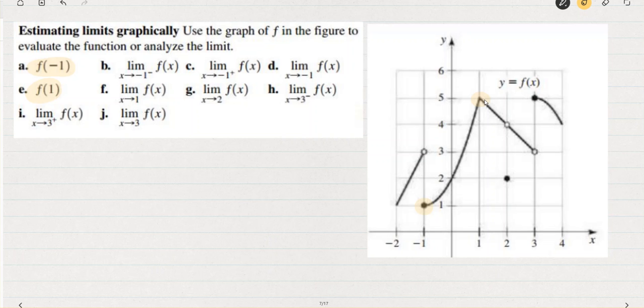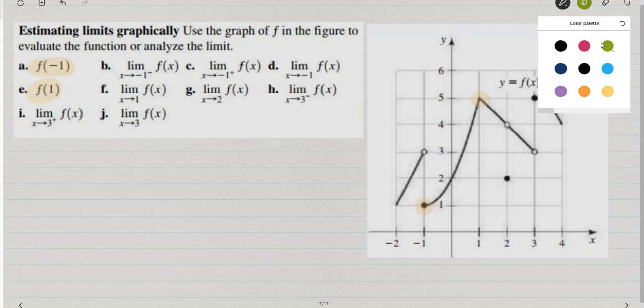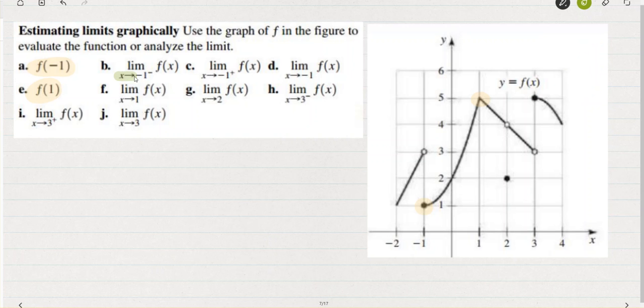And then these other pieces I'm going to do just one at a time. The limit as x approaches negative 1 from the left. So approaching negative 1, let me try to do these in different colors. Approaching negative 1 from the left, you see that we're approaching 3. Approaching negative 1 from the right, we're approaching y equals 1.